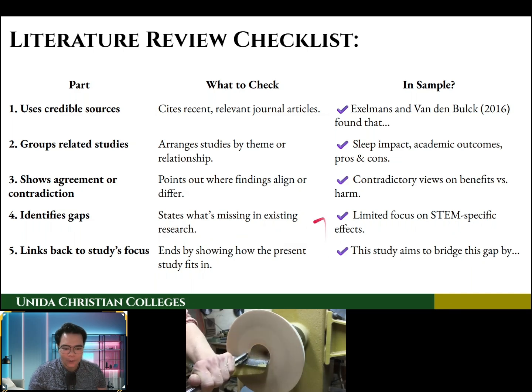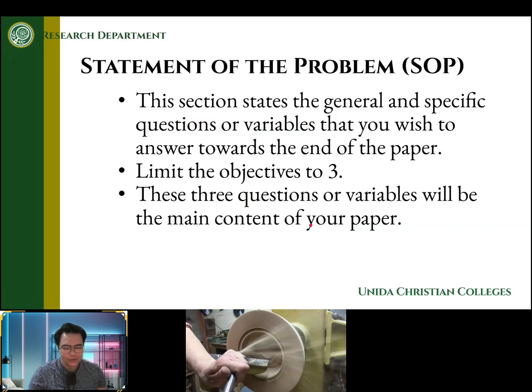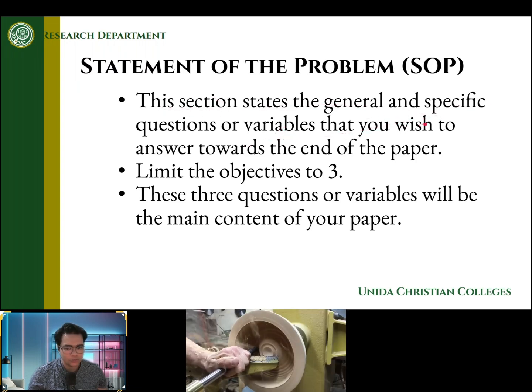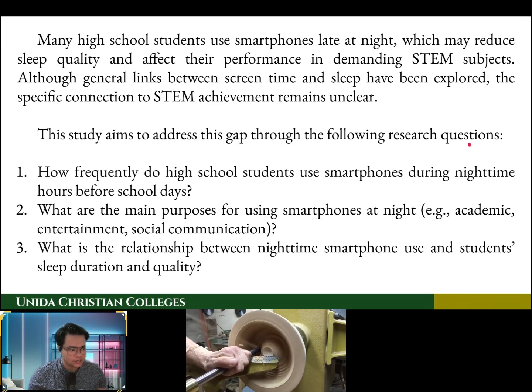Sorry. So next po, ayan. So we have our statement of the problem. Another part of the TPM, or title presentation matrix, that we looked at, or that we use. So we have our general and specific questions and variables that we wish to answer towards the end of the paper. So here it is. It's quite simple.